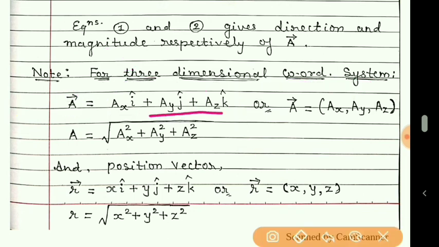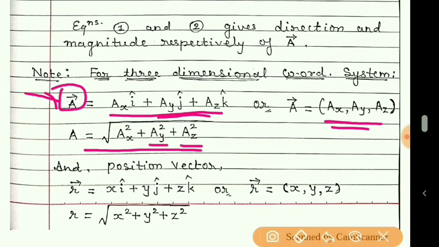This can also be written like this, in brackets Ax comma Ay comma Az. Now the magnitude of this vector A can be represented as the square root of Ax square plus Ay square plus Az square. In two dimensions we have only written this much, but in three dimensions we have to include this z component also.